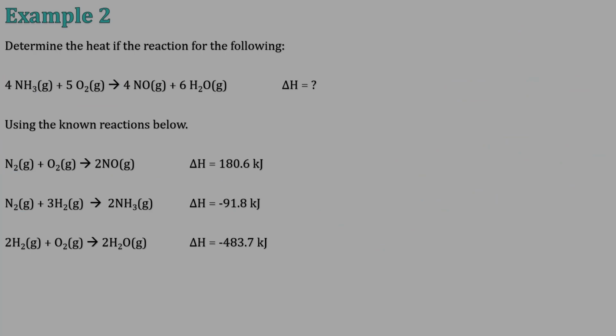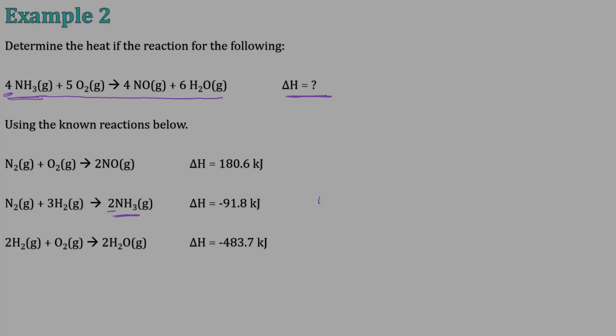So here's the reaction that we want, and we're looking for the enthalpy value, and then these reactions below are given to us. So I'm going to start with NH3, and I want 4 on the reactant side. So the only place that I see NH3 is right here, and it's on the product side. And not only that, but there's only 2, and I want 4. So that means that this reaction has to flip, and it also has to be multiplied by a factor of 2.